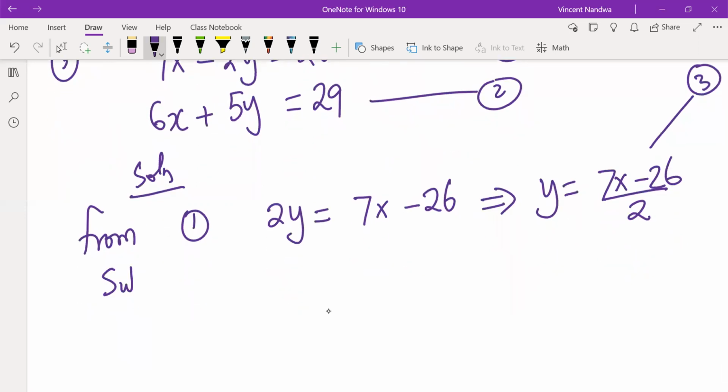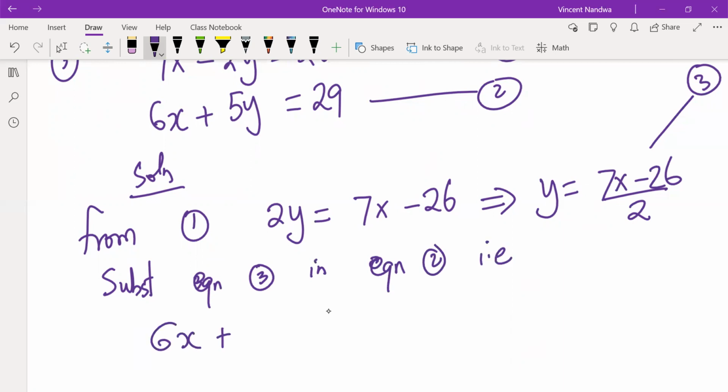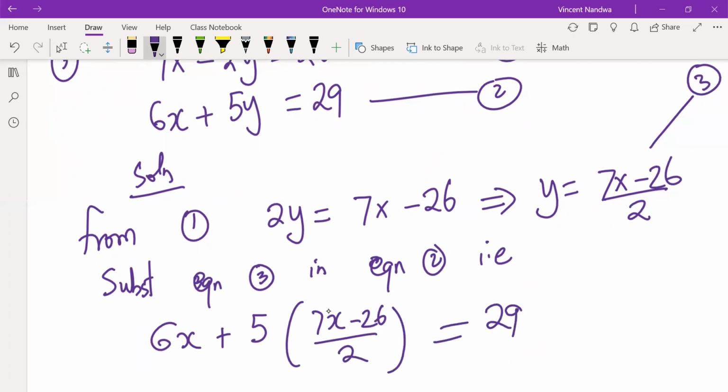Now substitute equation 3 in equation 2. I have 6x plus, where this y, I put (7x minus 26) over 2, equals 29.